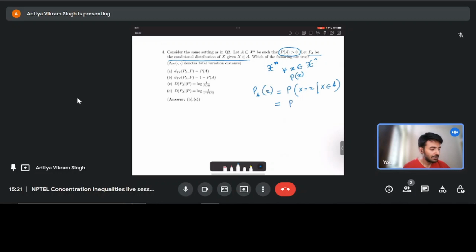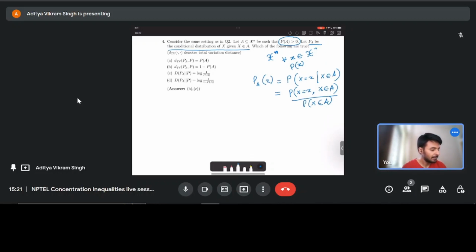And we know that this is equal to the probability of X equals x intersected with X belongs to A, divided by the probability of X belongs to A. This is why we needed the probability of A to be strictly greater than 0, so that we can divide and do this conditioning.